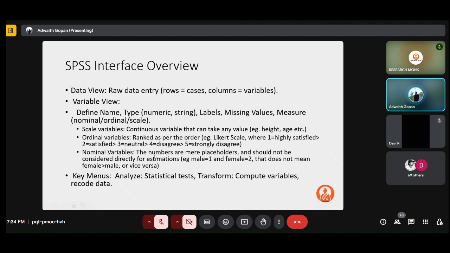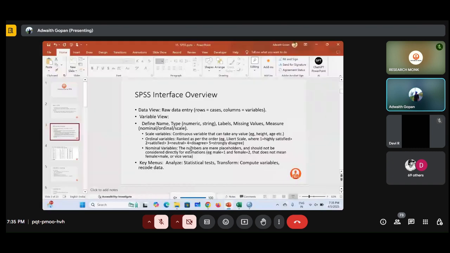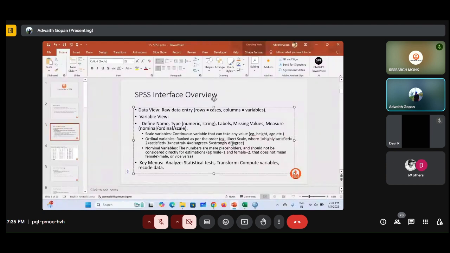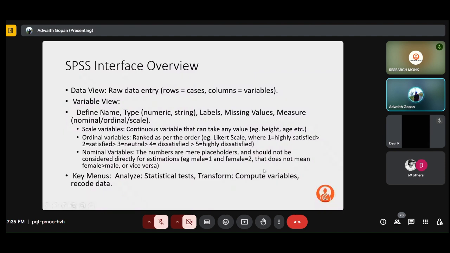It was meant to be strongly disagree, it was my mistake. So the variables are numbered in order.